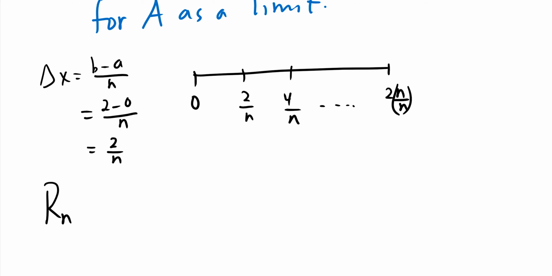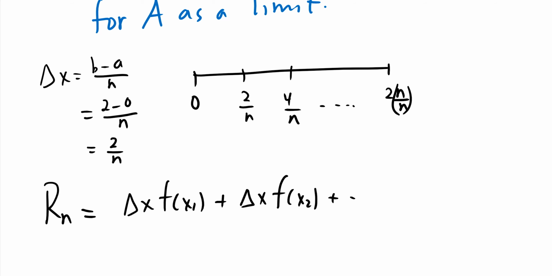So it says right endpoint, so we start R_n. Since we're doing right endpoint, we skip the first one. If you remember, it was delta x times f of x1 plus delta x times f of x2, and this keeps going on and on until the last one, x sub n.